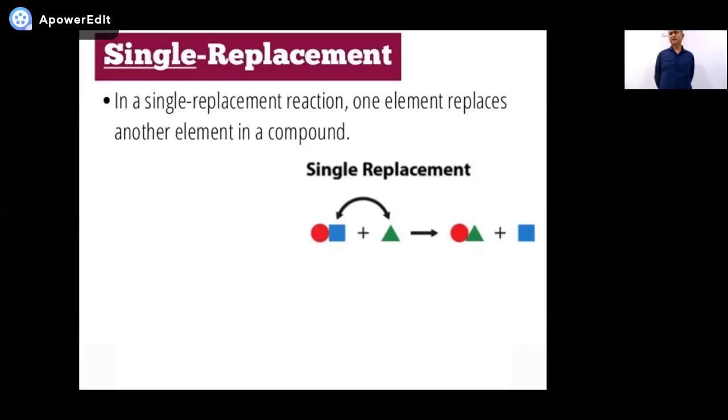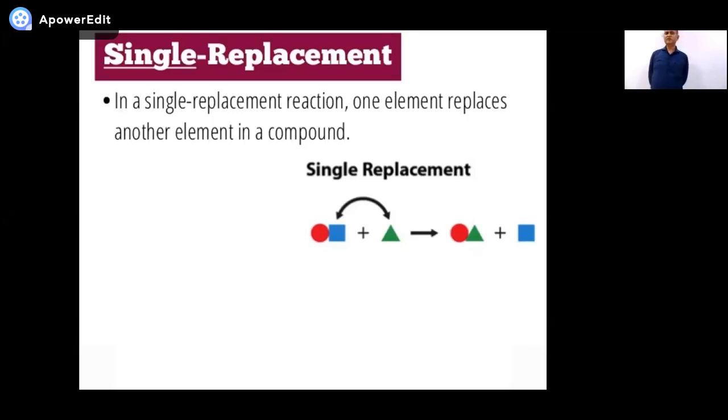We are supposing here that triangle is more powerful than square. Then what will happen? Triangle will come and kick off the square. Square will go away and triangle will make a new relationship with circle. This is called single displacement reaction. Why? Because triangle is replacing square over here.